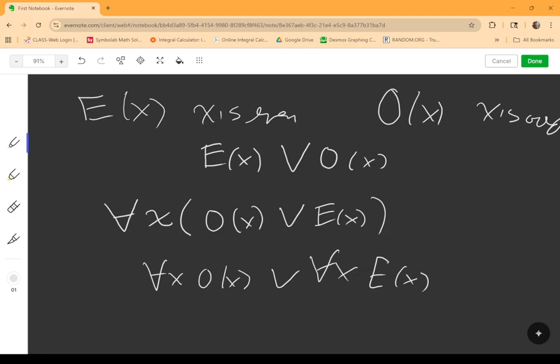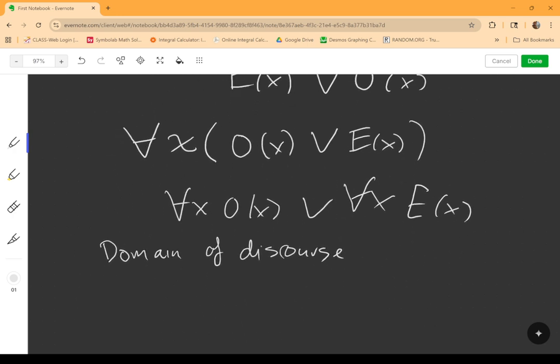And also one other thing is something called the domain of discourse. Where does x come from? From what set does it come? Not every number is odd or even; that's a distinction held to integers.